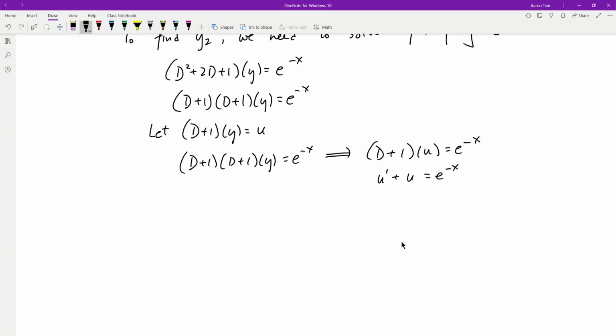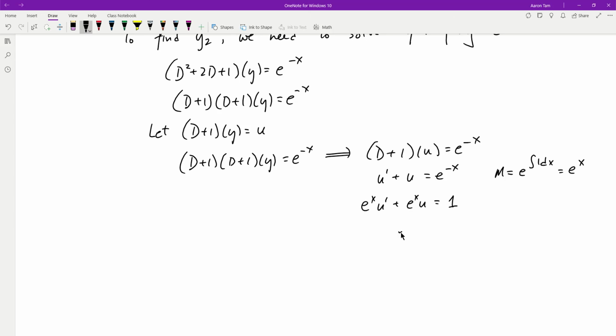Notice that the process is exactly the same. Our exponential multiplier is m equal to e to the integral of 1 dx, so therefore it's e to the x. So I'm going to say e to the x u prime plus e to the x u equal to 1, because e to the x times e to the negative x is 1.